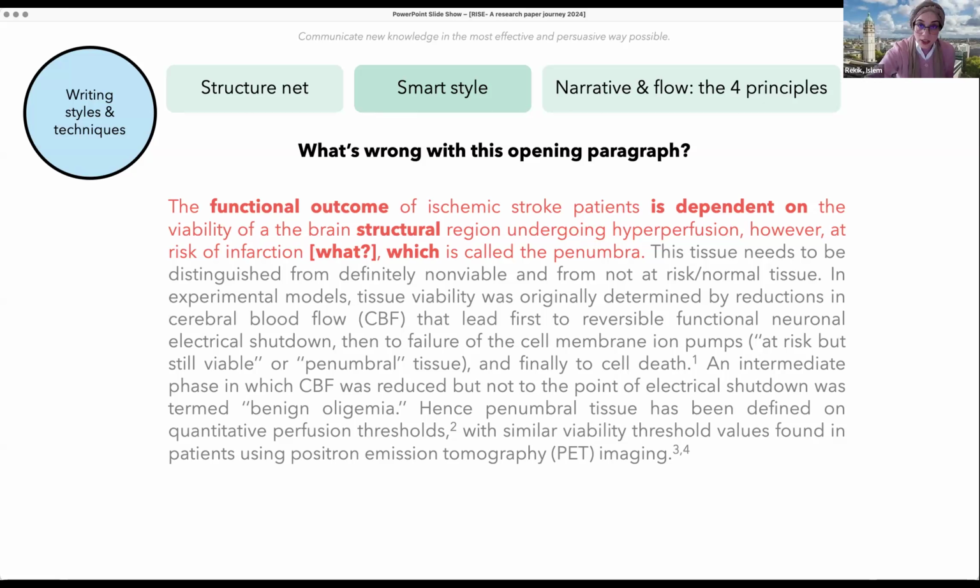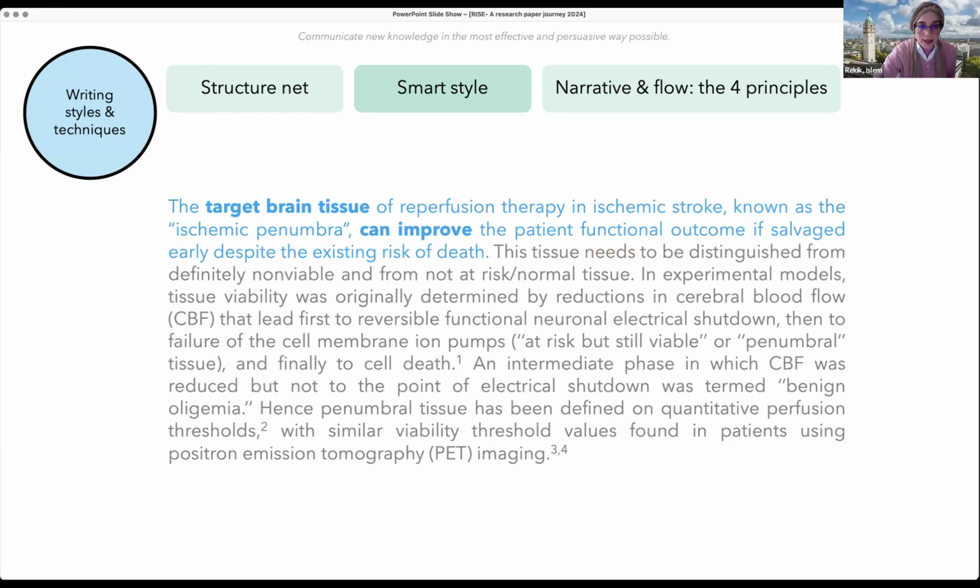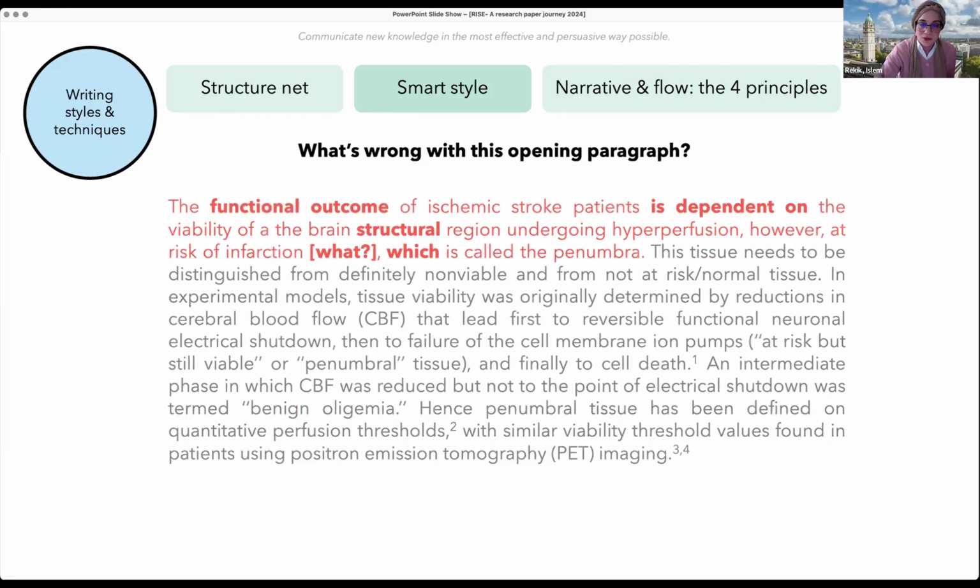So you want to give clarity, you want to give flow, a flowy writing, and also a focused directional writing. So let's try to revise this together. So here, this is the paper that has been published. So I rewrote this to make it worse, so myself.